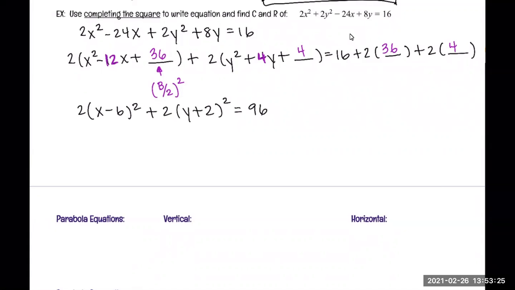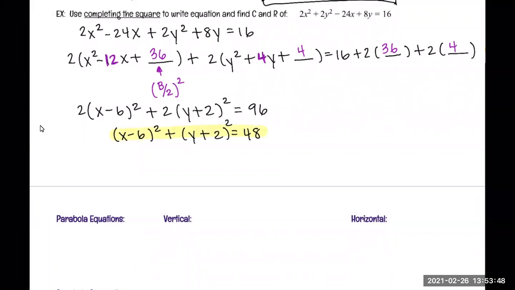Okay. Now for an equation of the circle, we don't have these coefficients in front of the binomials. So we're going to be able to divide everything by 2. So we're left with x minus 6 squared plus y plus 2 squared equals 48.